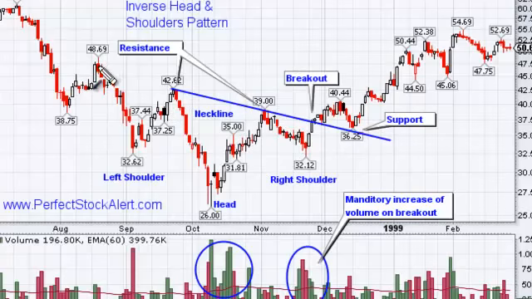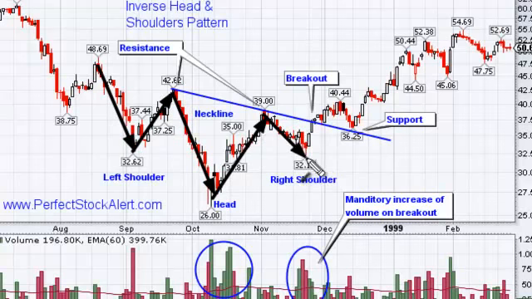Alright, let's go ahead and draw this thing out again. Left shoulder, head formation, right shoulder. Okay, and this neckline right here is paramount because until price activity breaks above that, closing above that line, you do not have a confirmation of an inverse head and shoulders pattern. It is not complete until it is broken through that, and that's true with the head and shoulders pattern as well.